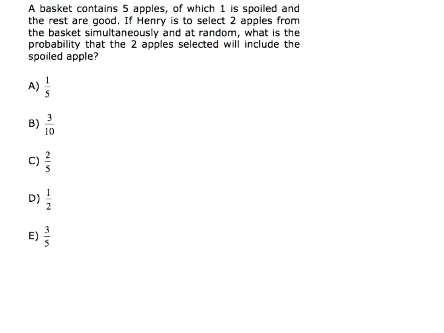Okay, a basket contains 5 apples, of which one is spoiled and the rest are good. So, let's take a look. How can you do this in a way that's not strictly probability theory?